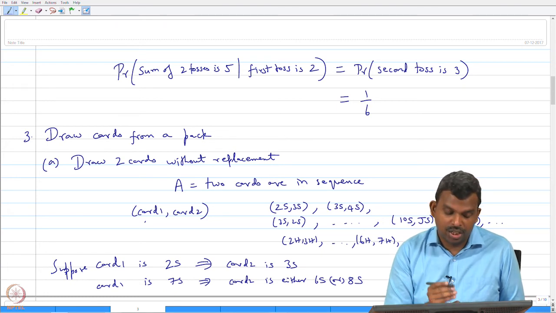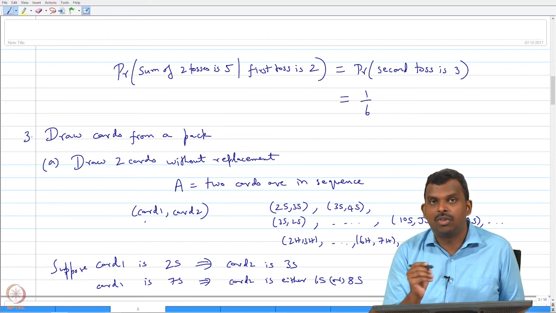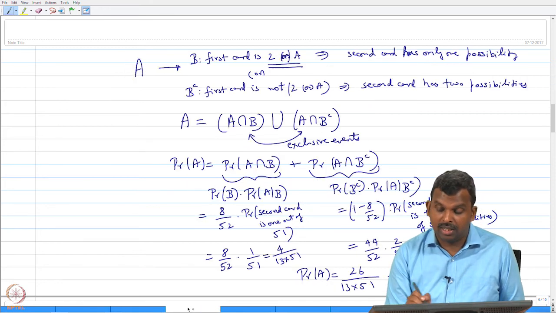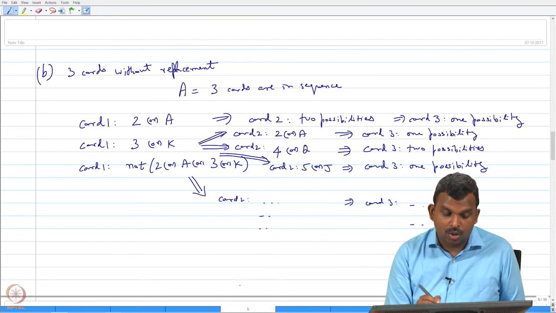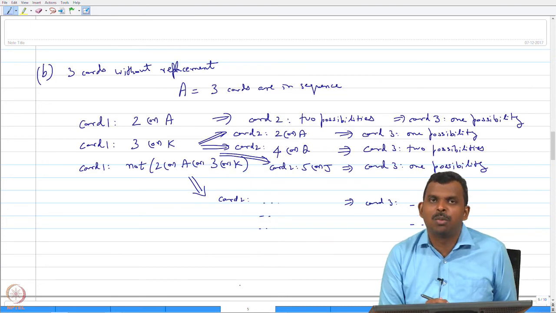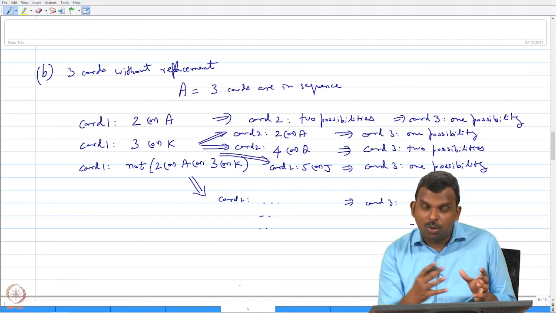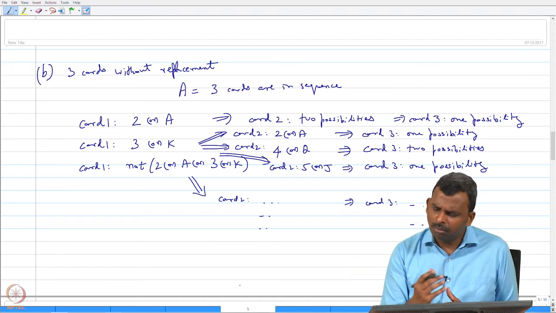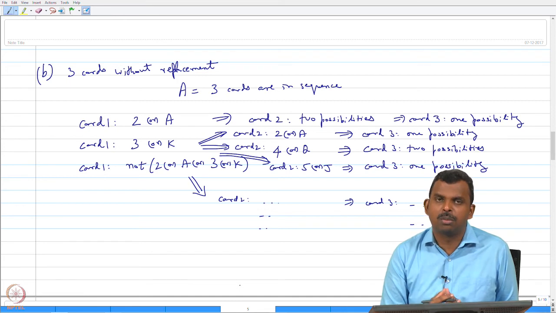So, you could condition on what happens in the first card and then figure out what is going to happen in the second card, so complicated calculations became really very simple. And then we saw a slightly more complicated situation where we have to write down the possibilities in a sequence very carefully, and that it's not impossible, but one needs to exercise a lot of care and caution in doing these calculations correctly, and you will get to the correct answer.